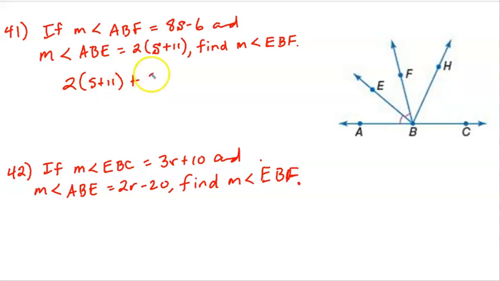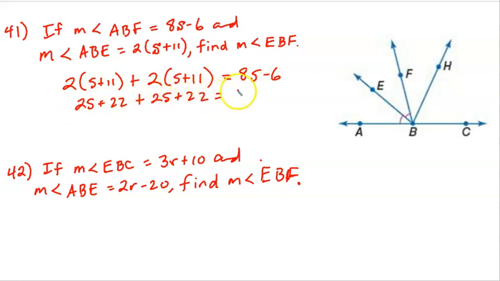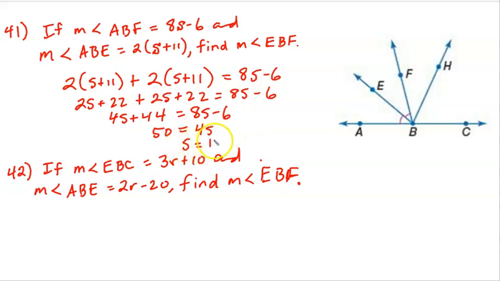So there's ABE, there's EBF, added together should equal ABF. 2s plus 22, again, 4s plus 44. Subtract 4s from both sides, add 6 to both sides, divide by 4 on both sides. 50 divided by 4 makes s equal to 12 and a half.